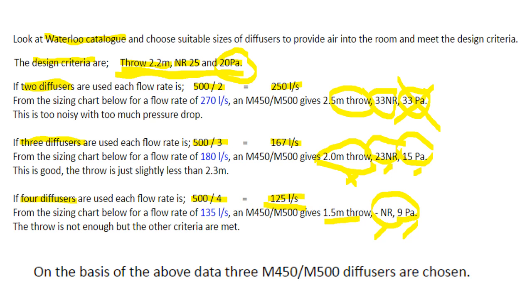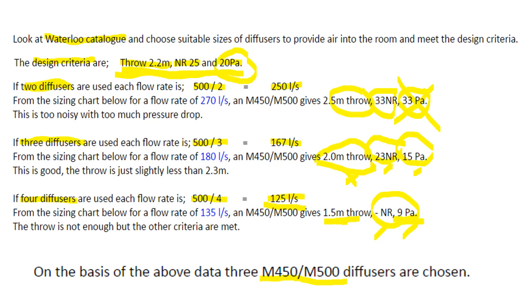So from the table, then you can refer later. The chosen one is the diffuser with the number M450 over M500 with throw 1.5 meters and pressure drop level.